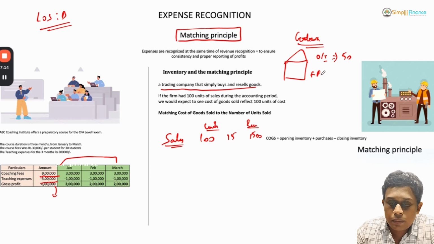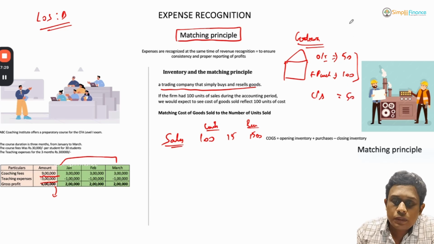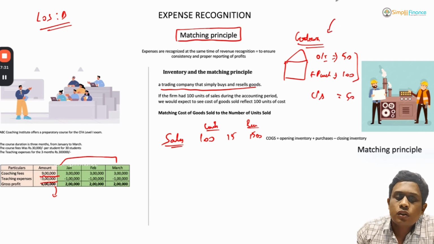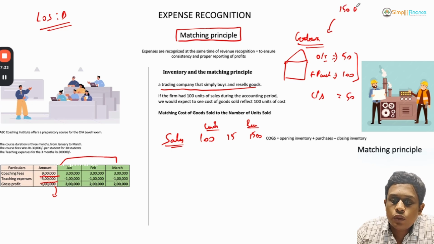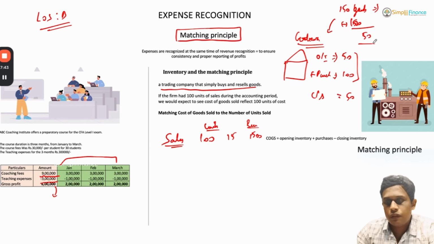You had some purchases of 100 and you had a closing stock of 50. Which means in your godown during the year you had 150 goods available for sale, out of which you sold 100 goods, leaving you with 50 goods.